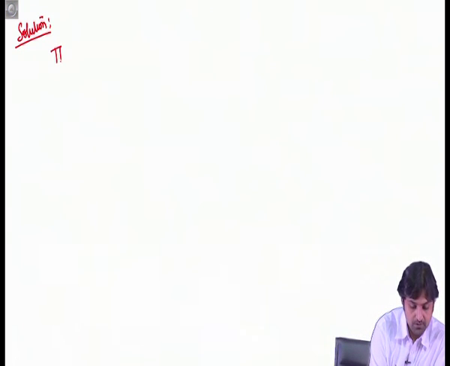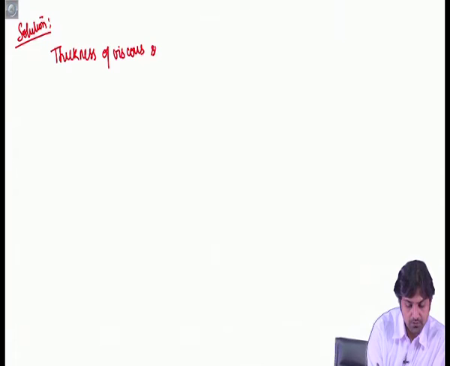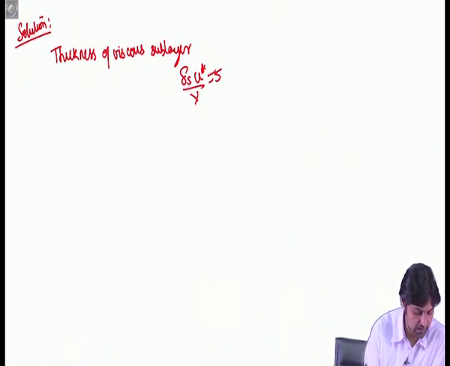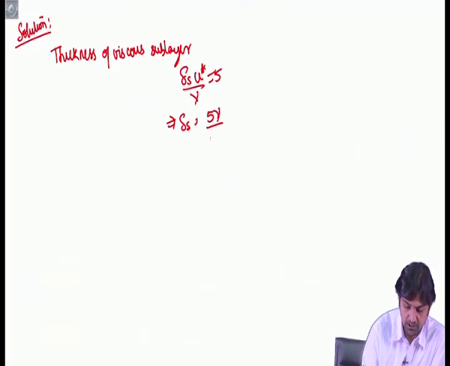So, the thickness of viscous sublayer is going to be delta S u star by nu is equal to 5. So, delta S is 5 nu by u star. All right.